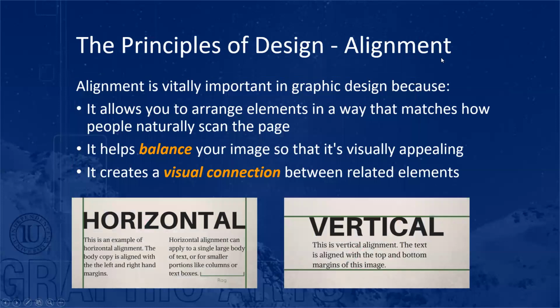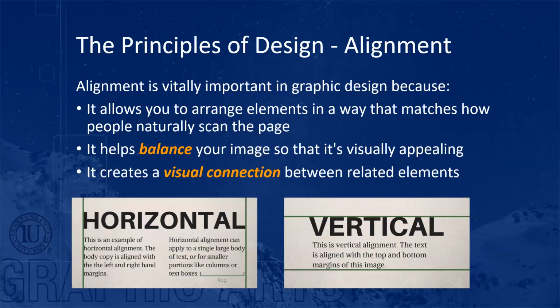The next principle of design is alignment. Alignment is especially important because it actually creates order. The slide here says it helps balance your image so that it's visually appealing. If you have things that are not aligned properly, whether it's left justified, right justified, center justified, then it looks very chaotic.